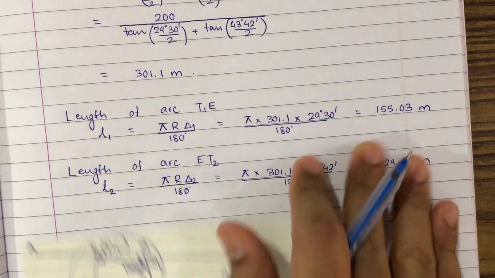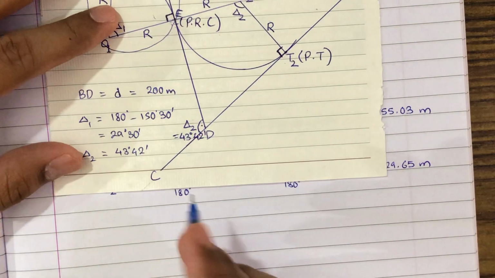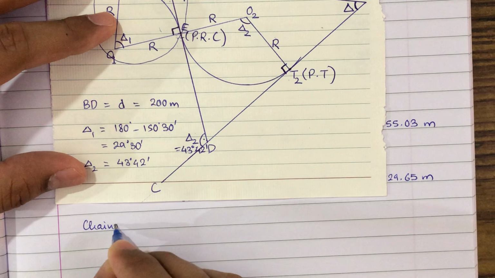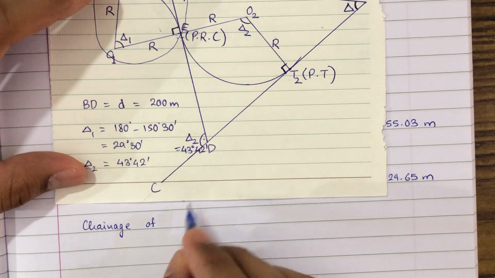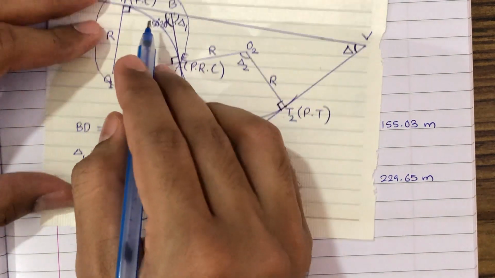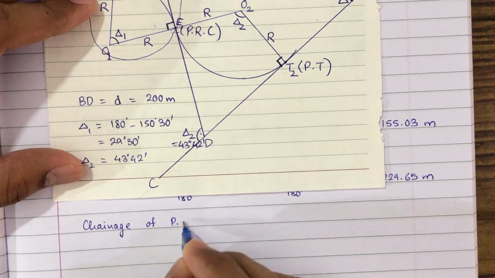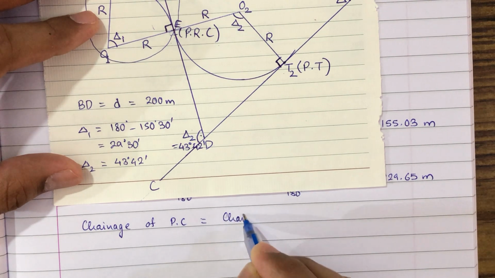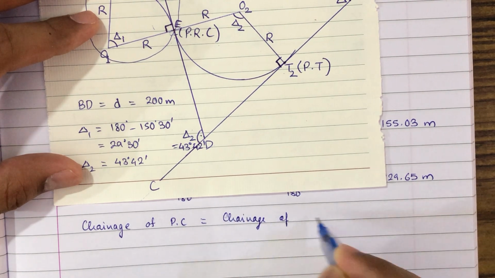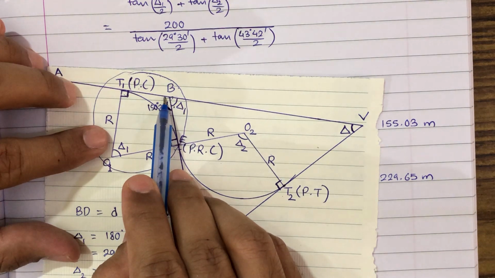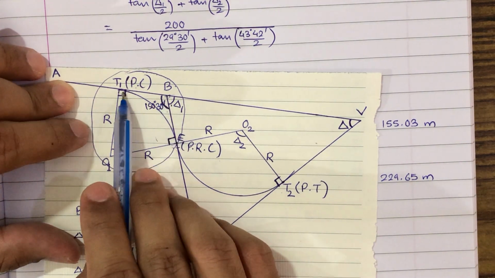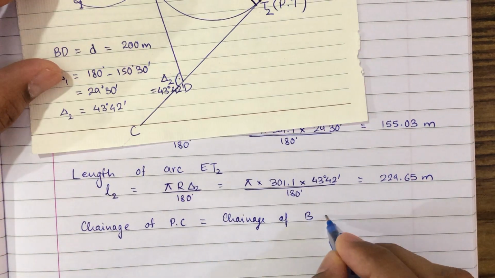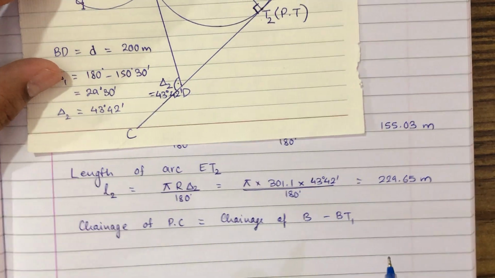First is the chainage of PC. Chainage of PC will be the chainage of B minus the tangent length BT1.